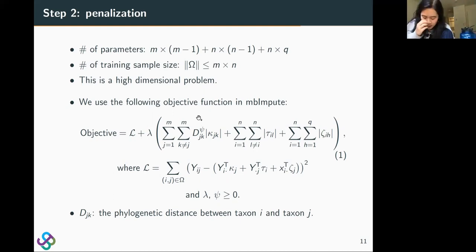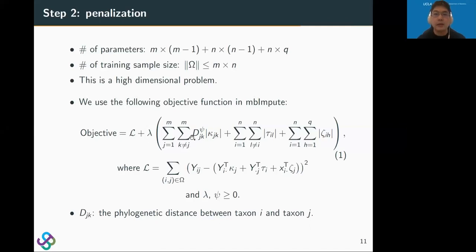Yeah, but you incorporate distance so that, are you trying to incorporate the distance into the regression so that if two taxa are closer together, then the weight of the taxa that's close to the taxa that you're trying to impute is going to be smaller or higher? So you can see I multiply this djk with lambda.